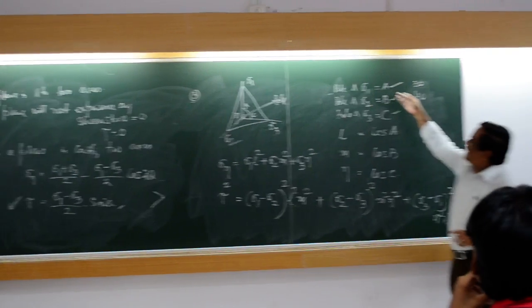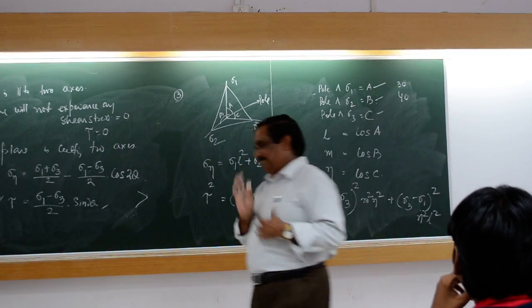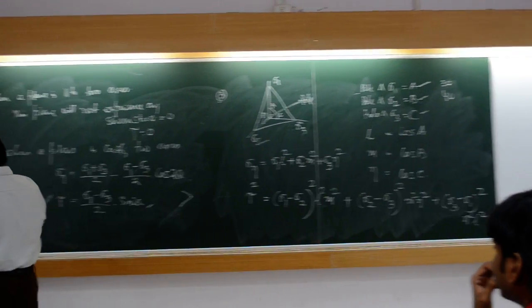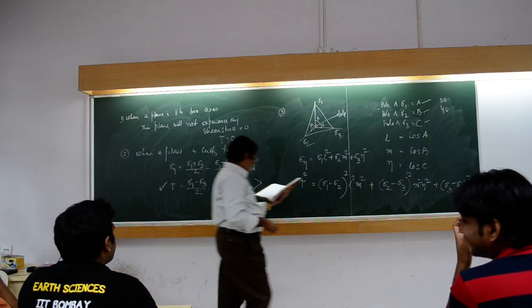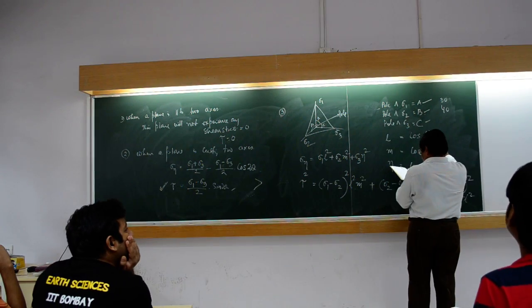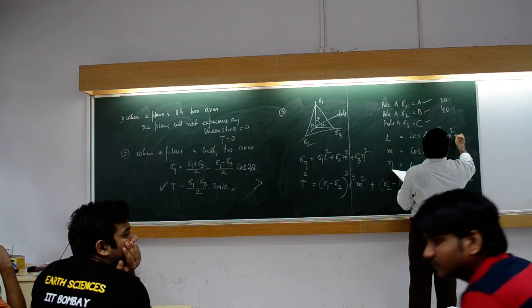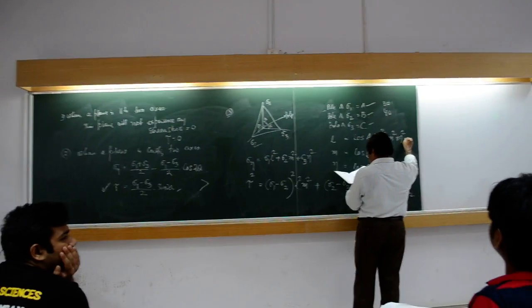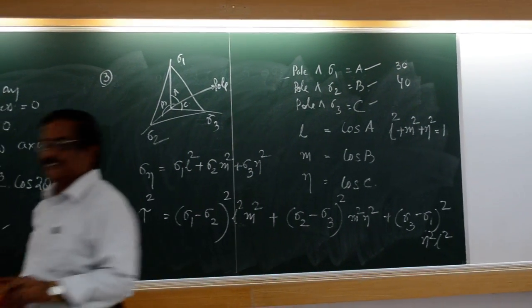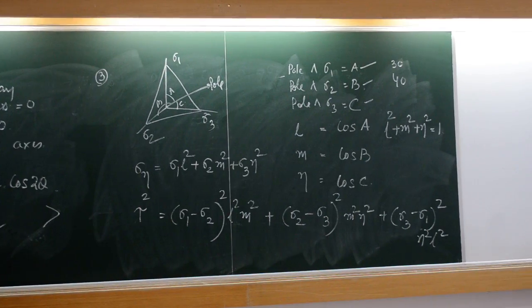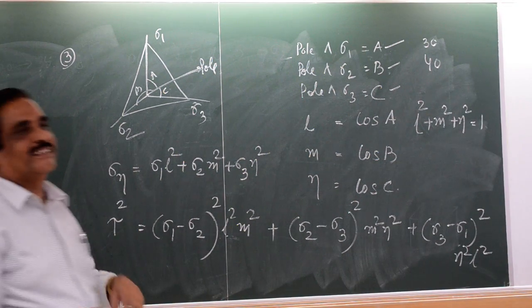A, B, C में क्या relationship है? नहीं याद है ना? मेरे को भी याद नहीं है। See what he says, values are such, l square plus m square plus n square is equal to 1. ये उसका condition. The angles will be such, their cos values will sum up to 1.